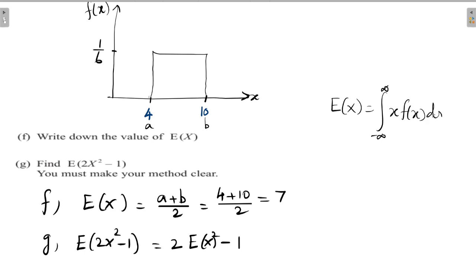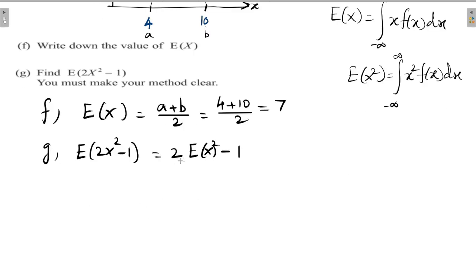Here we can find E of x, and also E of x square, which is the integral of x square into f of x dx. That is okay, but we have another method.